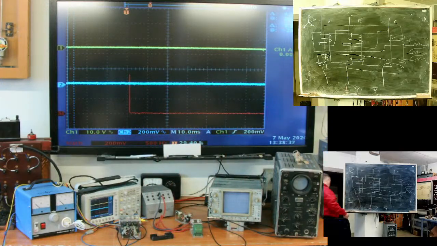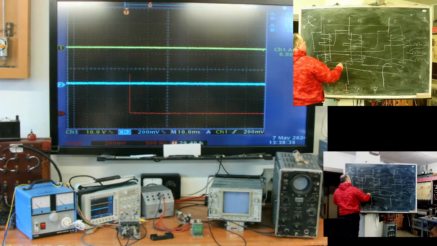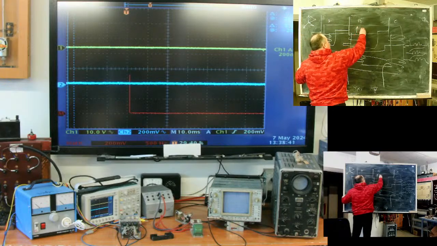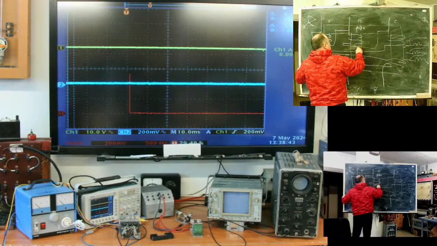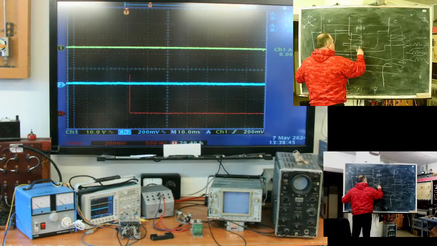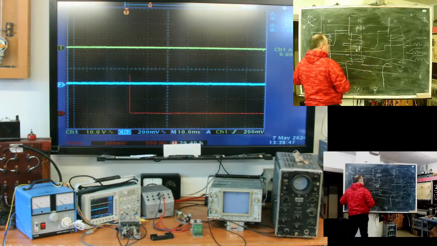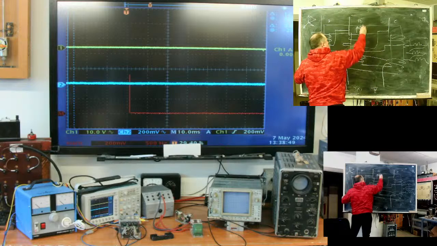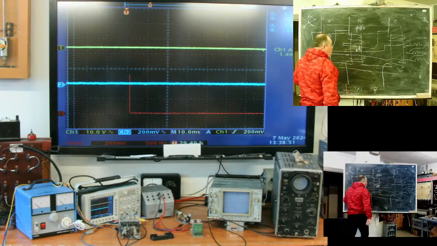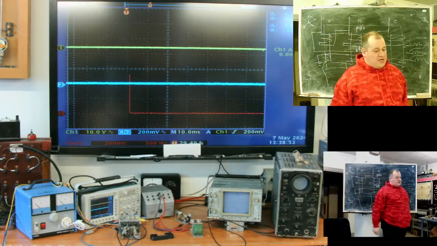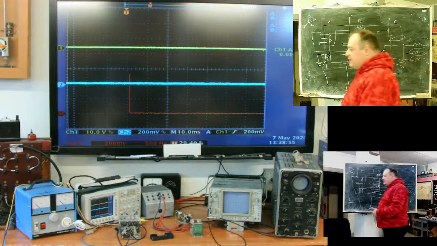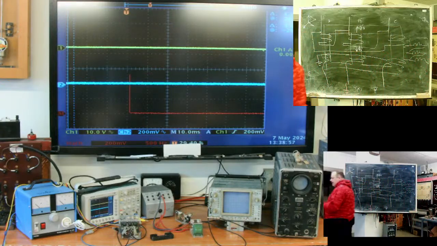This means that in every core we will see two opposite fluxes. One for magnetizing, because the network is isolated.